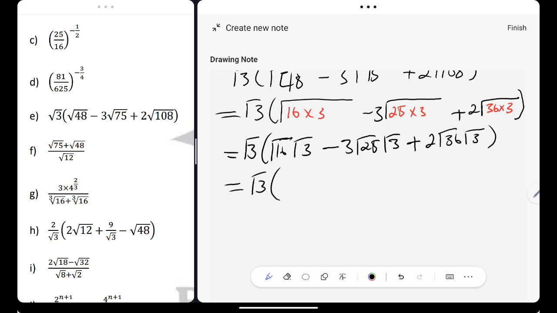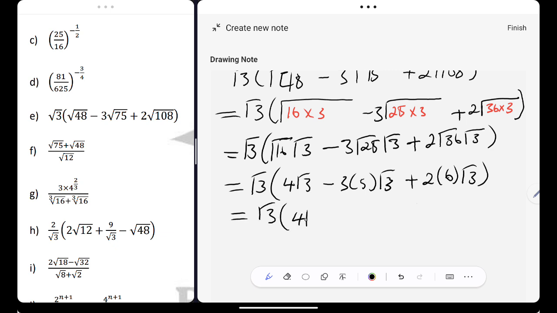I know that the square root of 16 is 4, multiplied by the square root of 3, and the square root of 25 is 5, multiplied by the square root of 3. The square root of 36 is 6, multiplied by the square root of 3. Right, together. I still have the square root of 3 outside. Then I have 4 square root of 3 minus 15 square root of 3 plus 12 square root of 3.